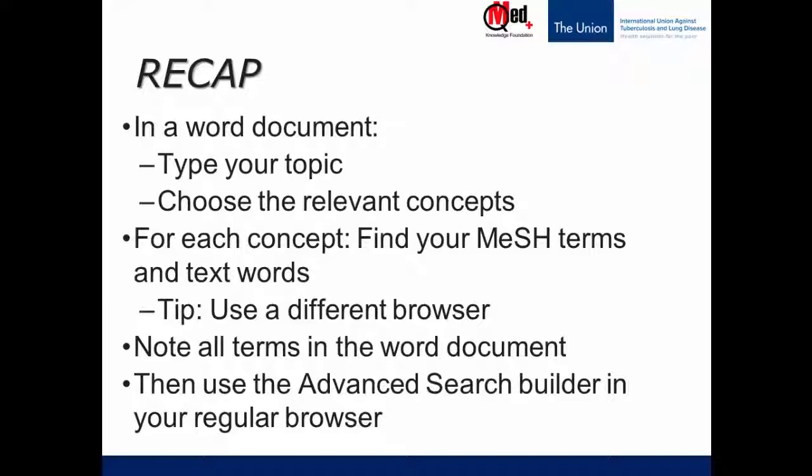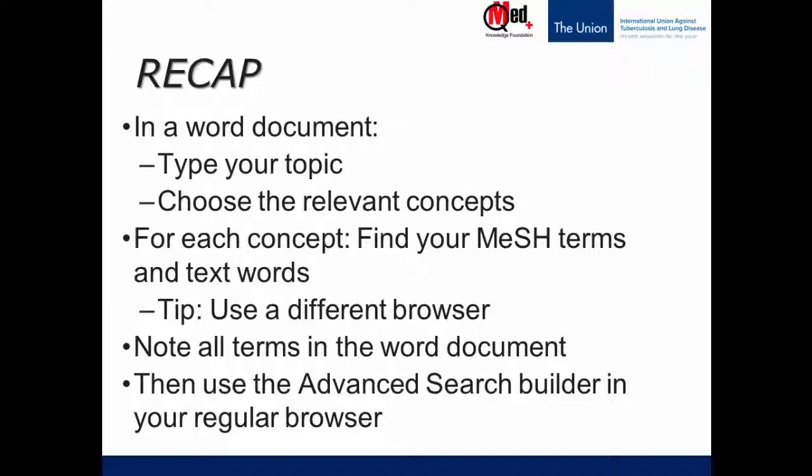Nothing wrong in using the same, but if we want to document our search strategy, it's a good idea to use one browser to find all the MeSH terms and text words, and document them all in the Word document. Later, while going to the advanced search to do the step by step, use a different browser so that it starts with serial number 1 and goes on.